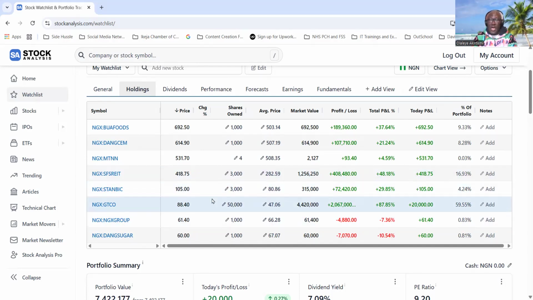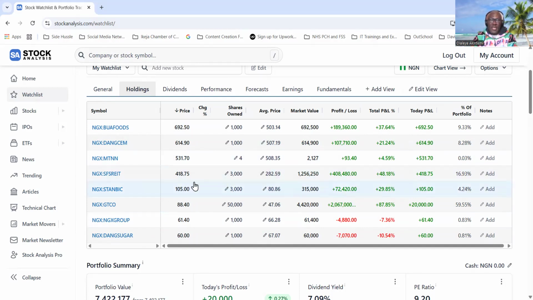What actually happened is that I've entered all these stocks previously, but I've shown you how you can do it. Even though I've added two stocks, I've already added all these 7 or 8 stocks into my account. But you've seen how you can add each of them.